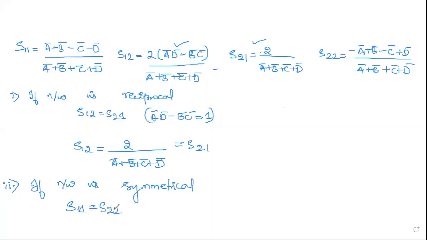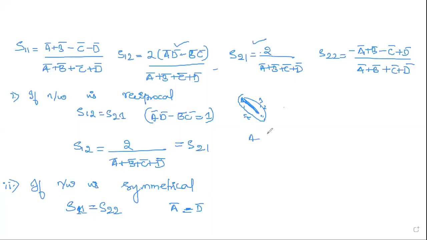So S11 should be equal to S22, which means that your A bar should be equal to your D bar. In S11, S12, S21, S22, you have the terms A, B, C, D, so these 2 terms should be symmetric.